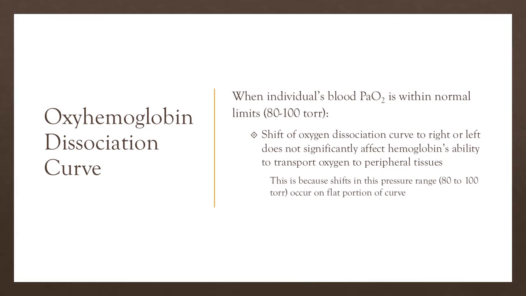When an individual's blood PaO2 is within normal limits, 80 to 100 torr, a shift of the curve to the right or left doesn't significantly affect the hemoglobin's ability to transport oxygen to the peripheral tissues, like heart and lungs and brain. This is because shifts at this pressure range, 80 to 100, occur on that flat portion of the curve.